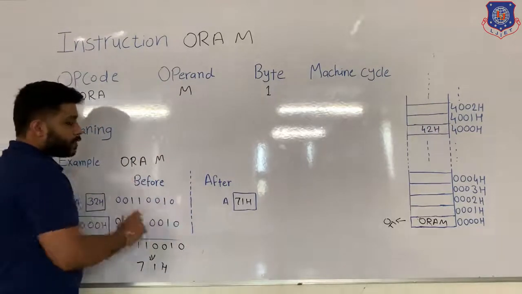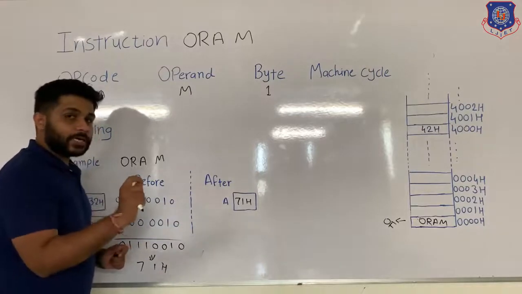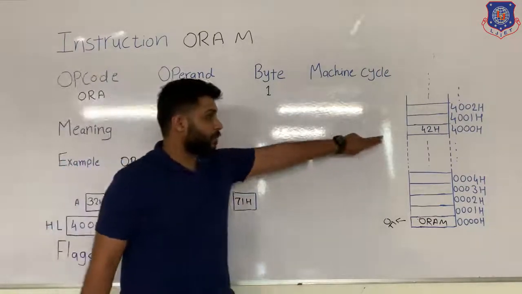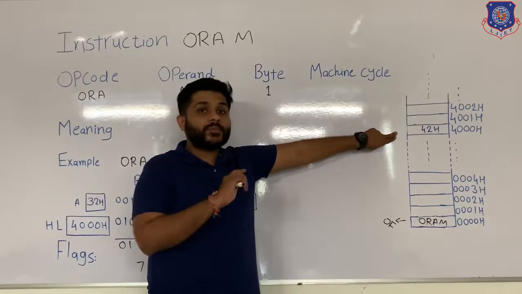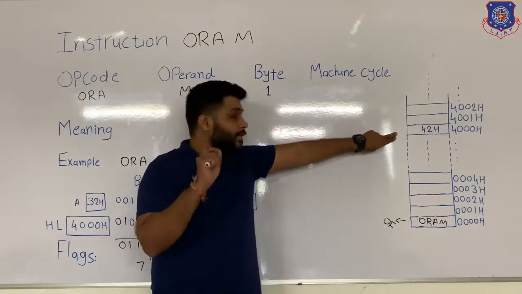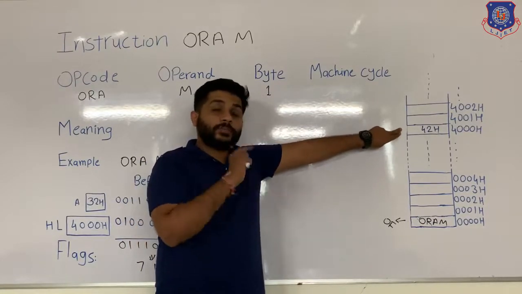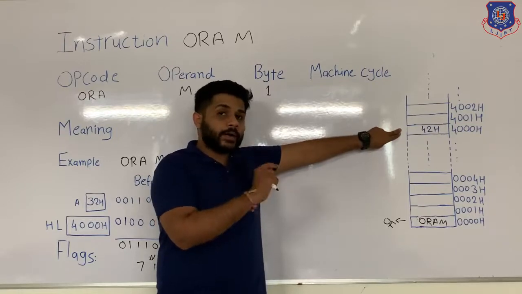The logical OR operation is being performed between the accumulator and the content of the memory location. Now the processor cannot perform any type of operation on data which is present in the memory location. The processor first has to read that data.